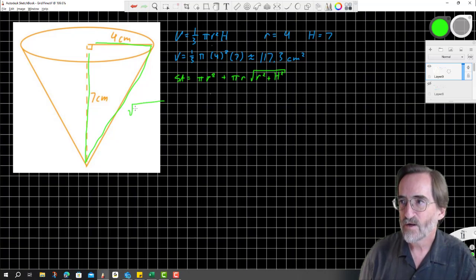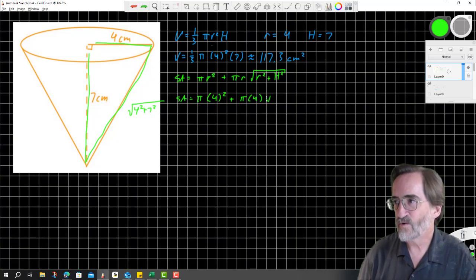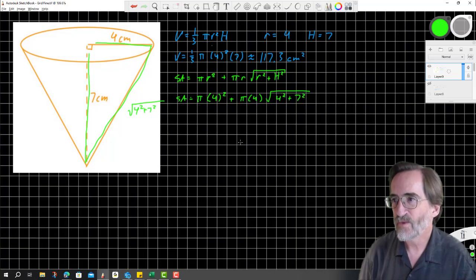Square root of 4 squared plus 7 squared. That's the slant height. Okay, so we know the radius, we know the height. So the surface area is pi times 4 squared plus pi times 4 times the square root of radius squared, 4 squared, plus height squared, 7 squared.